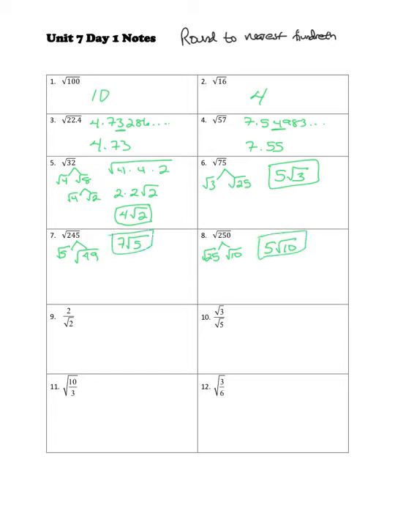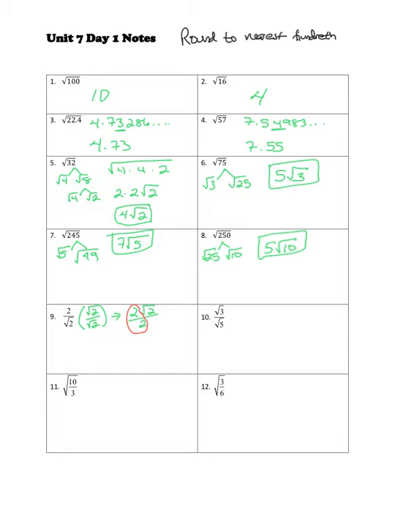All right, I'm going to work on this one, rationalizing. Multiply top and bottom by radical 2. 2 radical 2 over 2. Now this is an interesting one because it's 2 times radical 2 over 2. 2 and 2 have common factors.